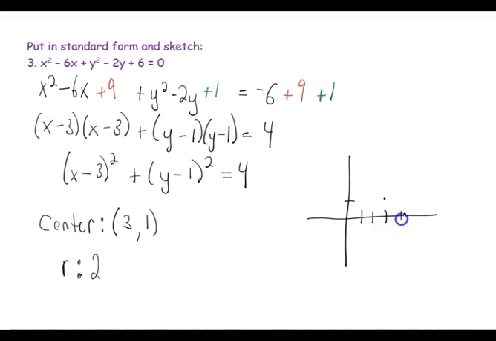So I usually do a point to the right, a point to the left, 2 up, 2 down, would put this one at -1, and then I try to sketch those 4 points together in a circle as best I can, which is a little bit of a challenge. But I get the idea. I can see the center and I can see the radius.